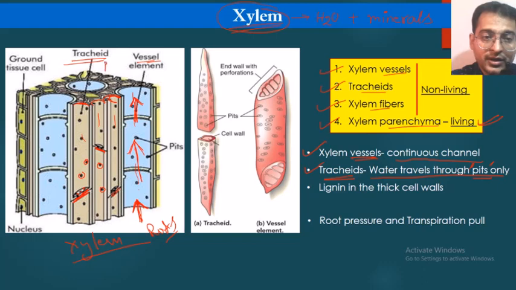So the water and minerals will diffuse through these pits into the adjoining cells, laterally or from here to here. So whereas the vessel is a continuous system of flow of the water and minerals, tracheids have a discontinuous flow of the water and minerals.